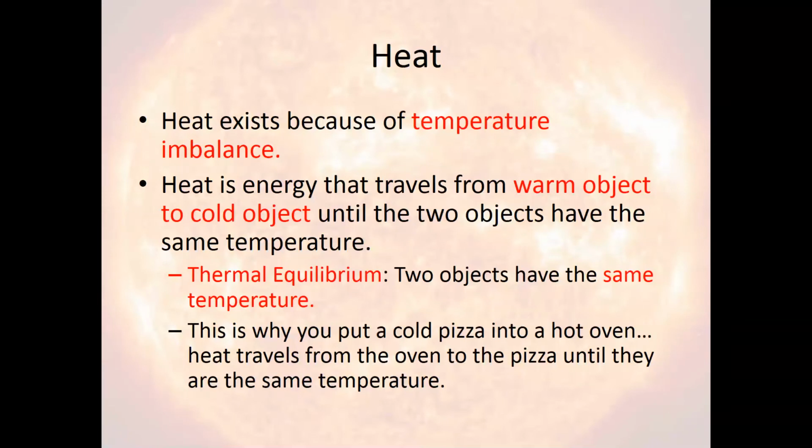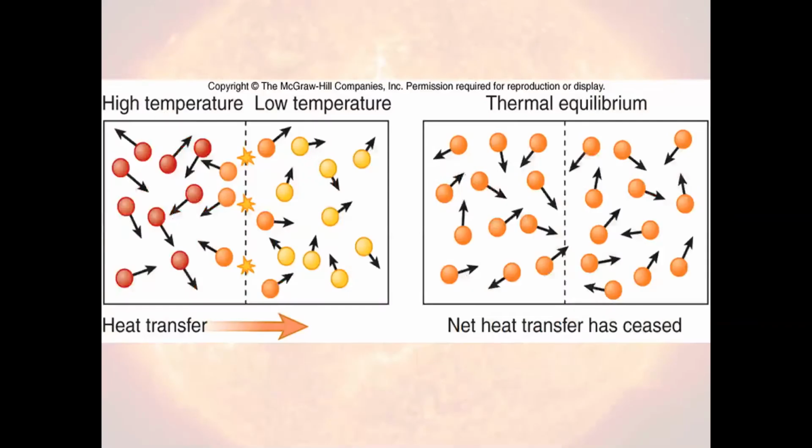So it's exactly what happens when you take a cold object, you put it in a hot oven, heat transfers from the hot oven to that cold object and will continue to transfer until they have the same temperature. Which in the case of a pizza, you don't want that. If they have the same temperature, you're going to have a very burnt pizza.